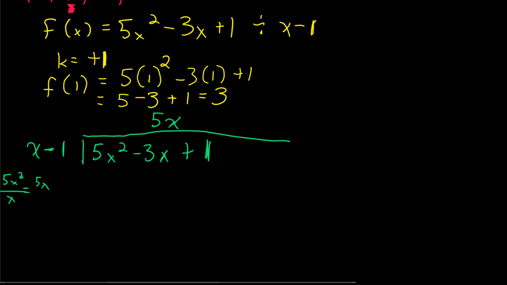So 5x gives me 5x squared minus 5x. I'm going to change my signs to subtract. So that becomes negative, that becomes positive. If I did my job right, these leading terms should cancel out. And this becomes 2x plus 1.